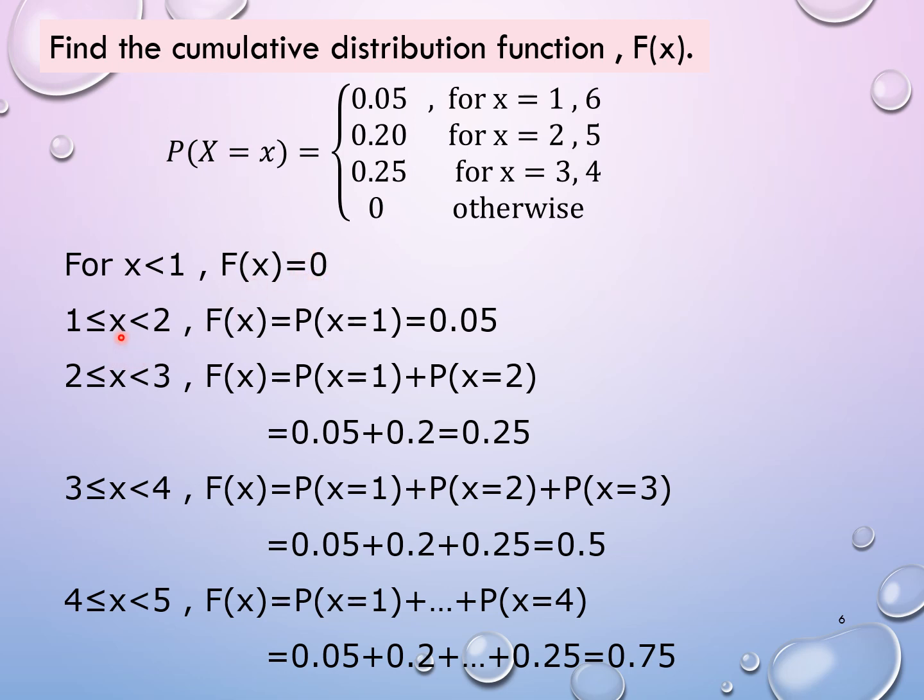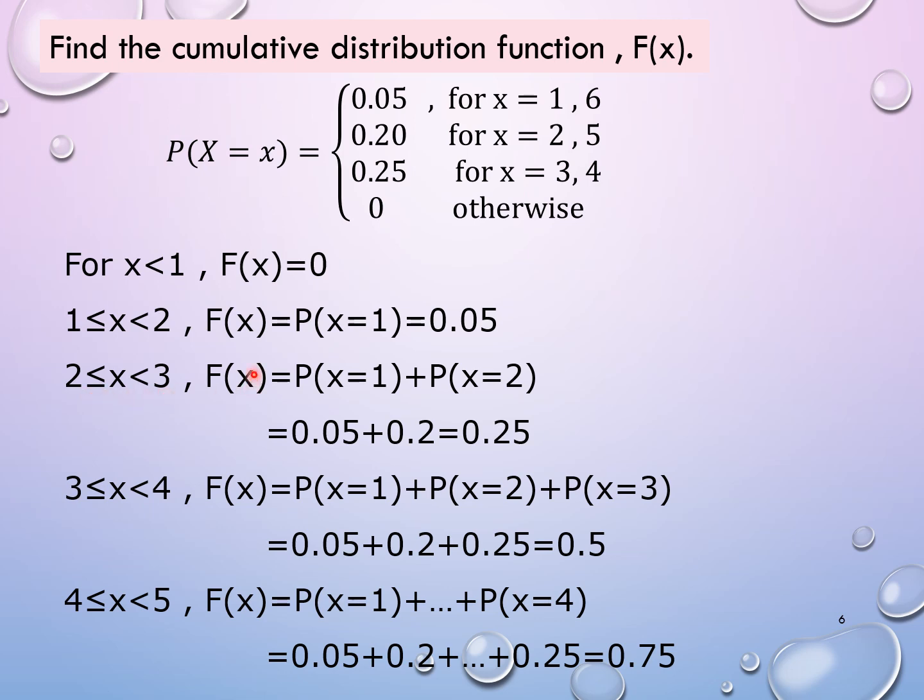Next, we have x greater than or equal to 1 and less than 2. We start with 1, include 1, and then less than 2 over here. So you have F(x) equal to probability of x equal to 1 plus probability of x equal to 2. Why is 3 not included? Because here it's mentioned that the x value must be greater than or equal to 2 and less than 3.